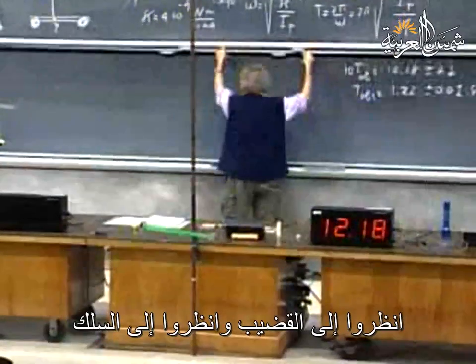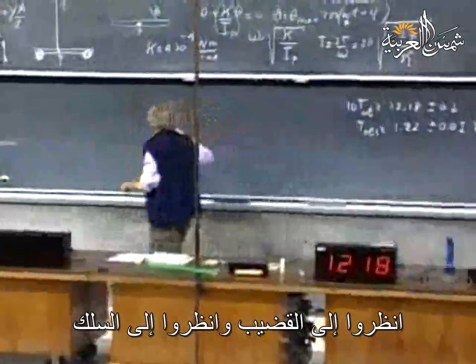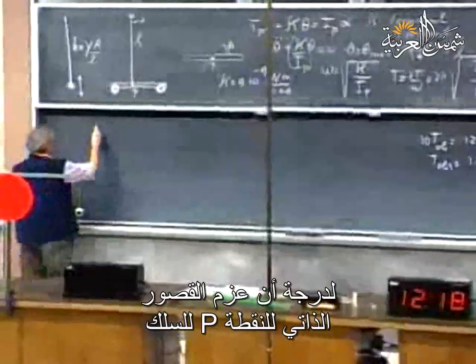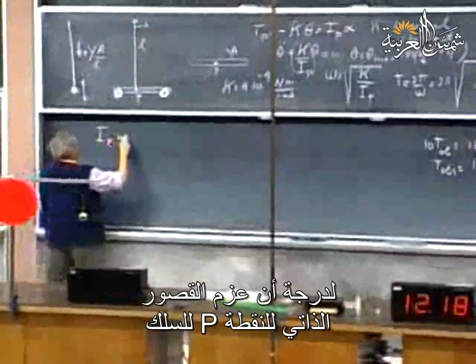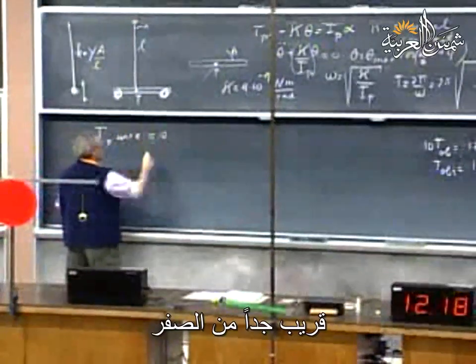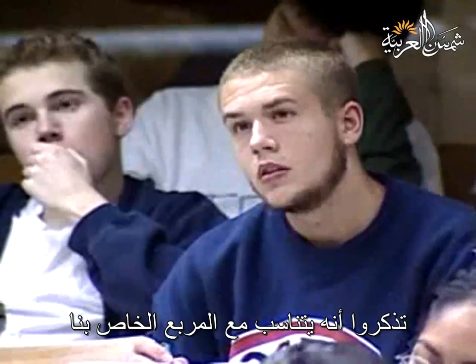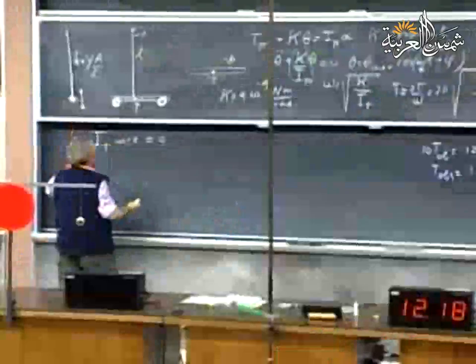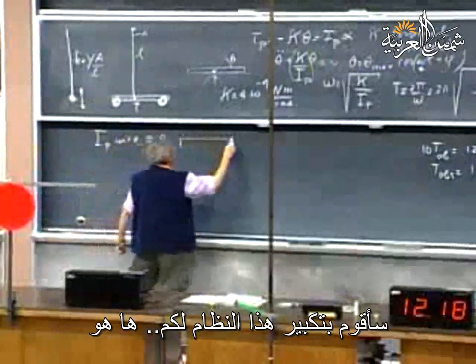Look at the bar and look at the wire. The wire is so thin that the moment of inertia relative to point P of the wire is very close to 0. Remember, it is proportional to r squared. You can forget about that. Almost all moment of inertia is in this system. I'll blow up that system for you.